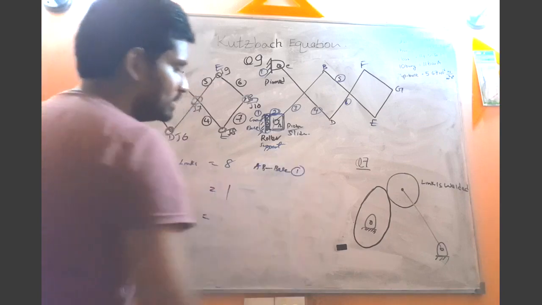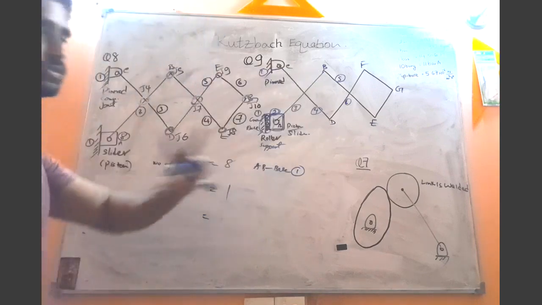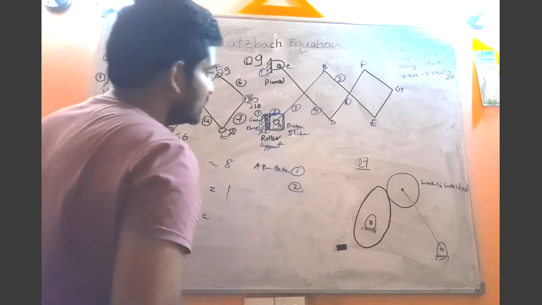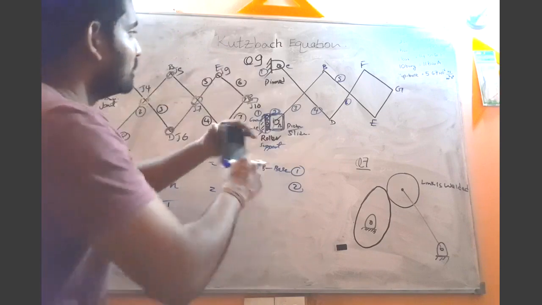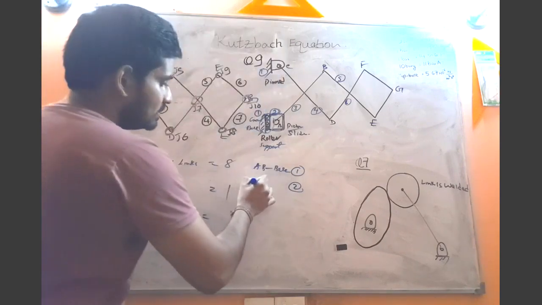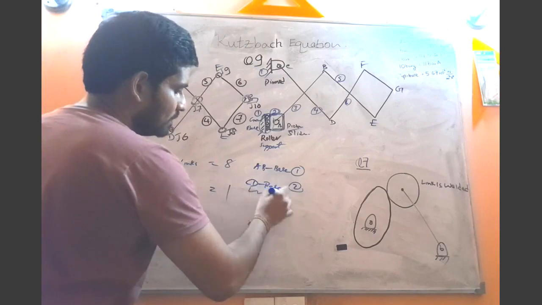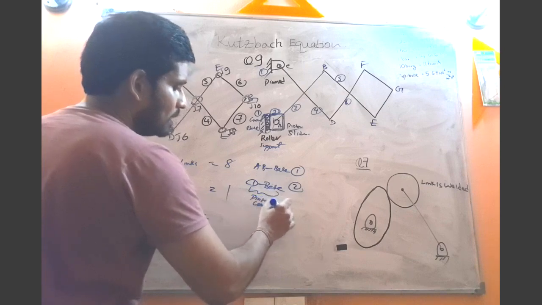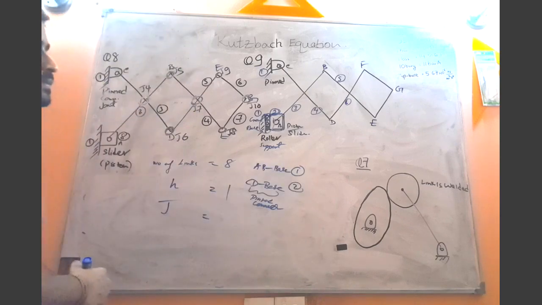Then the second joint is the connection between the link CD and the base with the help of this pinned connection, or the pinned joint, right? So that is the second joint we have.